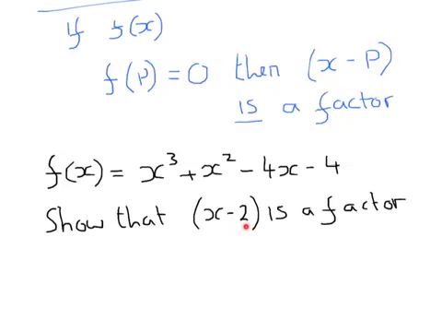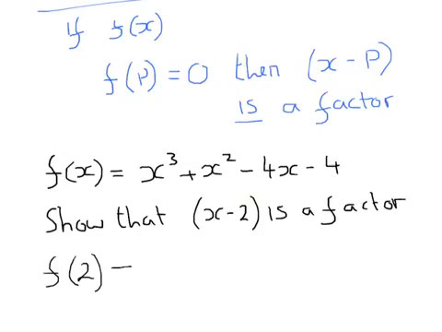So in this example, we've got x minus 2, that's our p value. So we're going to put into our function f of x, instead of minus 2 obviously, now it's going to be 2. Now, if we get an answer of 0 coming out, then we can say that x minus 2 is a factor. So we're looking for this to equal 0.